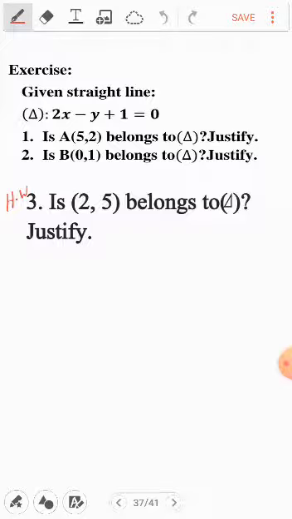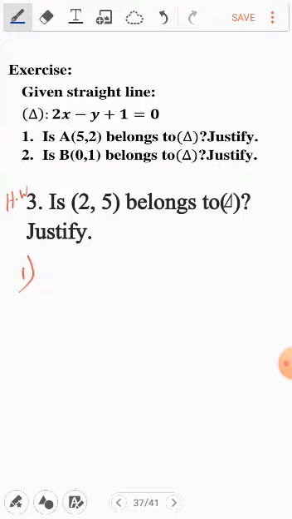Let us begin. Exercise. Given straight line delta: 2x minus y plus 1 equal to 0. Part 1. Does A(5,2) belong to delta? Justify your answer.